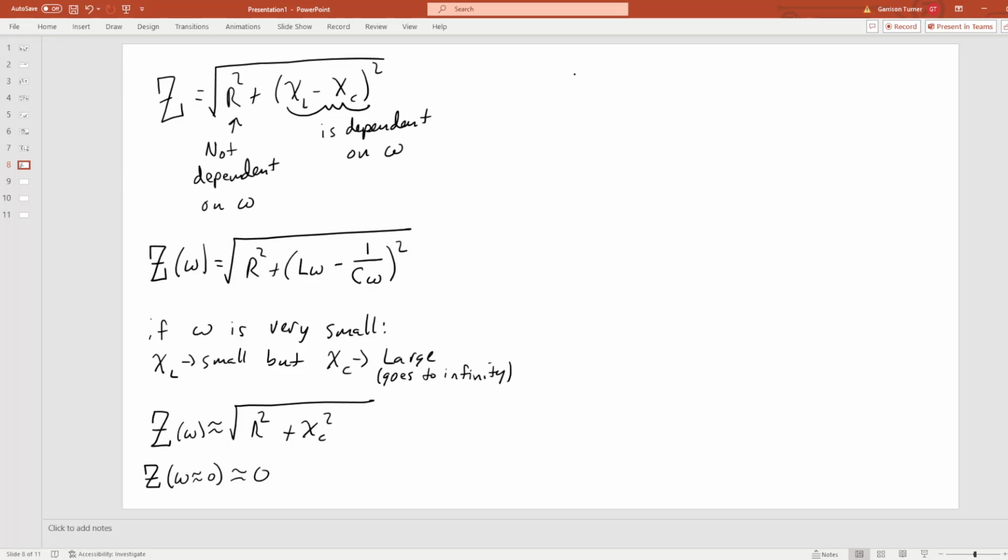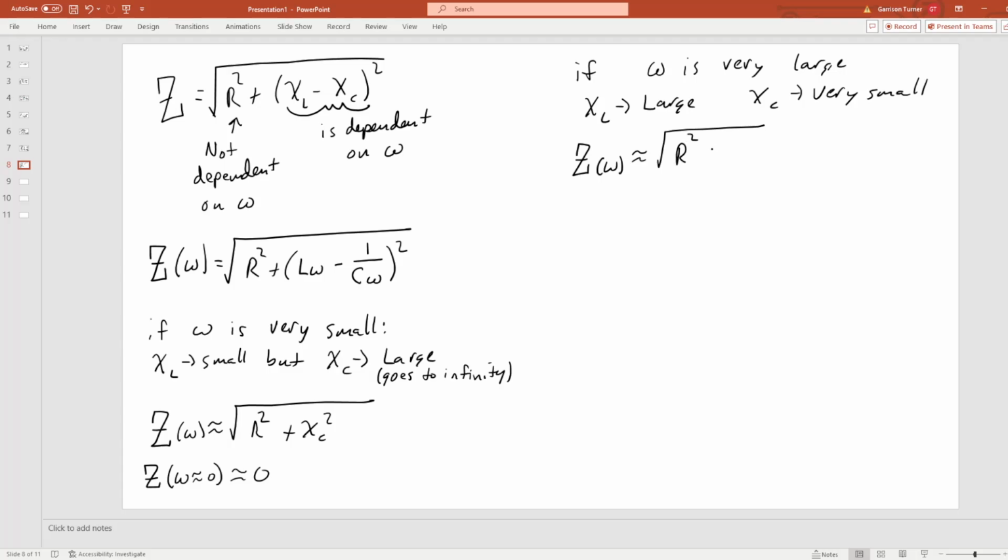And then on the other end, if omega is very large, we can use the exact reverse argument. Chi sub L is large, and chi sub C is very small. So therefore, Z as a function of omega becomes approximately the square root of R squared plus chi sub L squared. Okay?